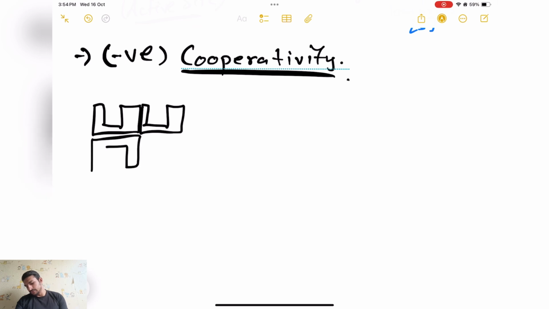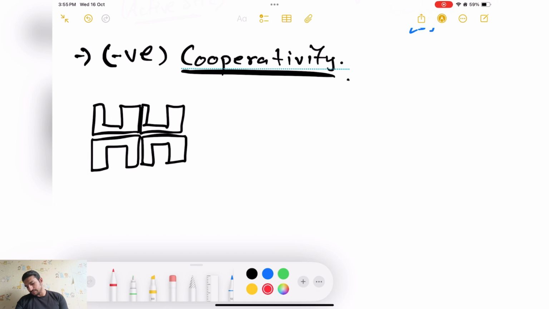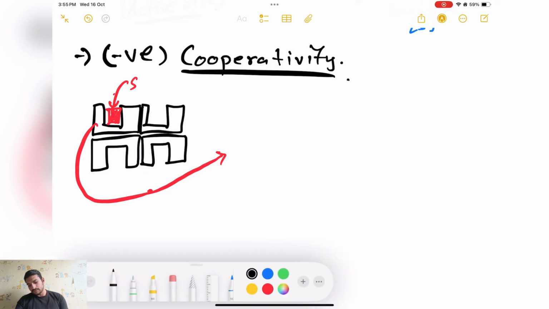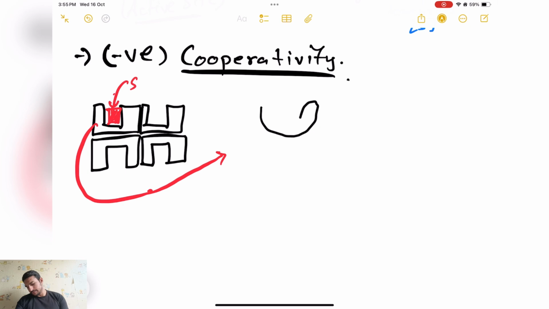The substrate came here, a box-like shape. This is the substrate, and when the substrate came here, there is a conformation change, it changes its shape.